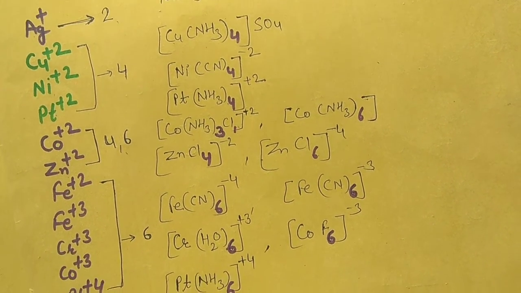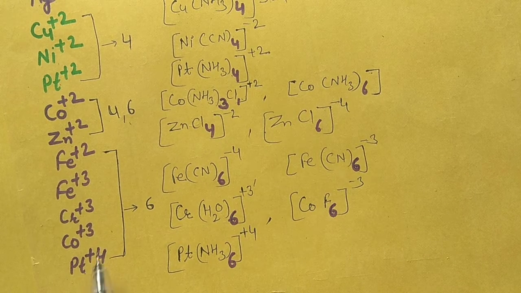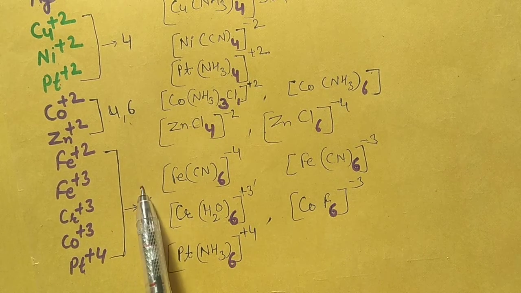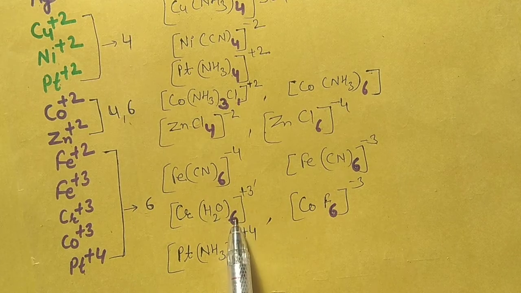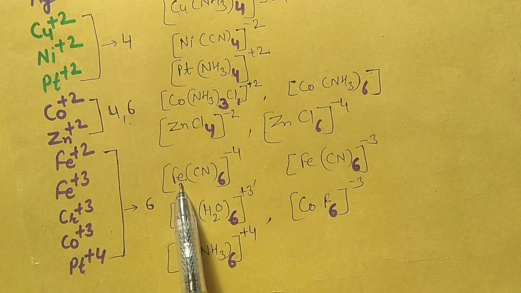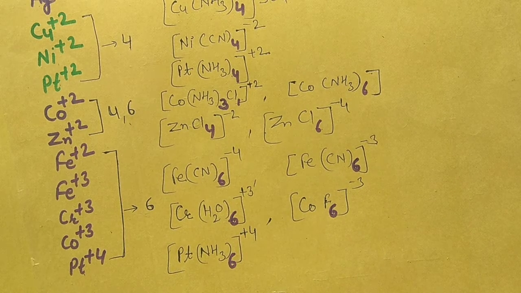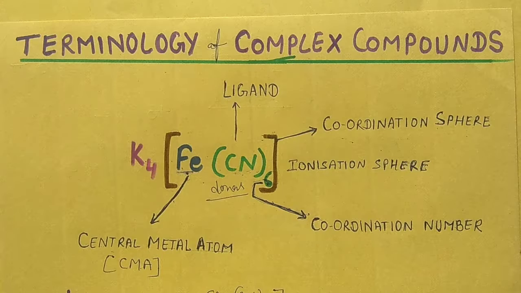For Fe2+, Fe3+, Cr3+, Co3+ and Pt4+, all the ions show a coordination number of 6. All these central metal atoms are coordinately bonded with 6 ligands. Clear? This is the coordination number.